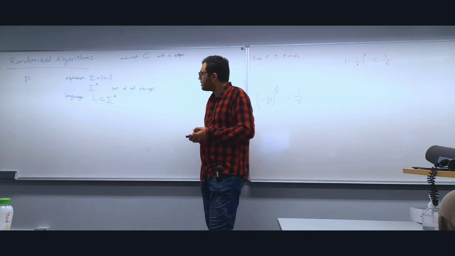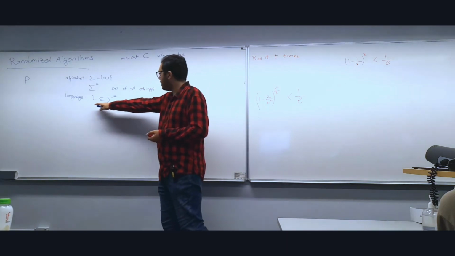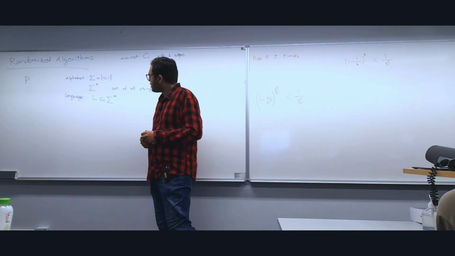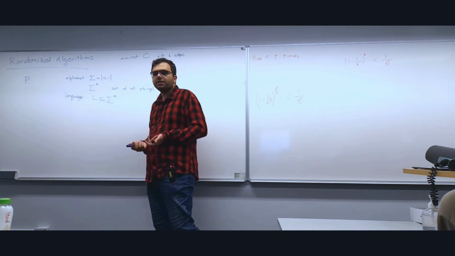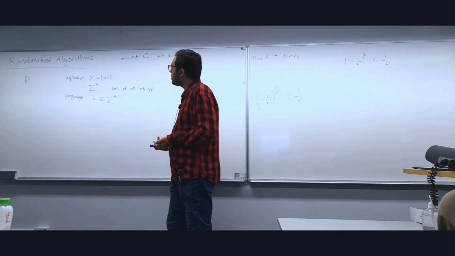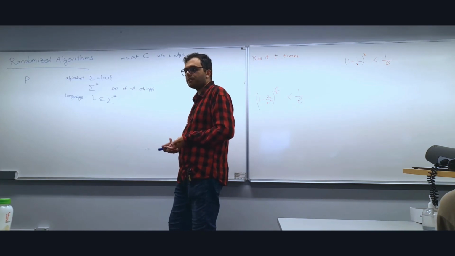So any problem can be thought of as a language. And a complexity class is just a set of languages. So the complexity class P is just a set of languages.